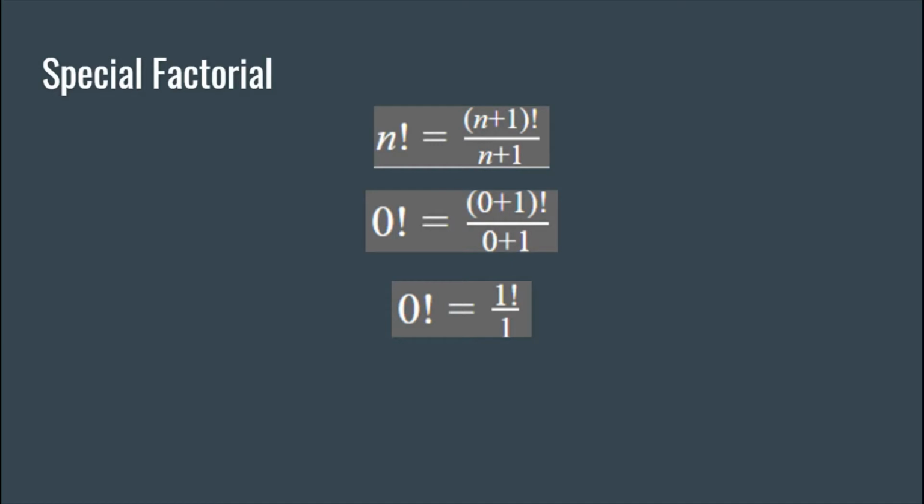So that's kind of like the proof showing that 0 factorial is equal to 1. So you don't have to remember this, but it's just easier to remember 0 factorial is 1. But I thought I'd show you guys that just so we can kind of see where it came from.